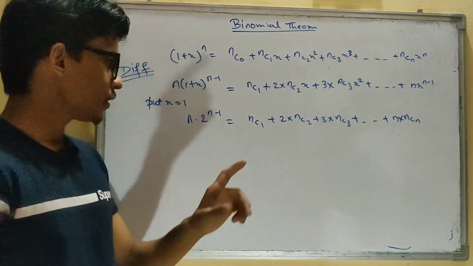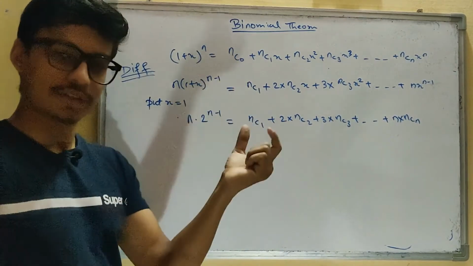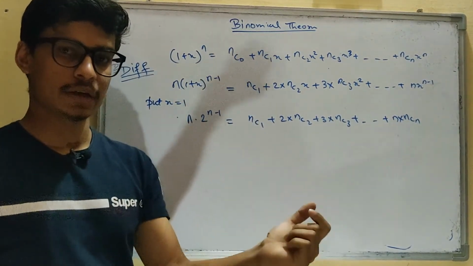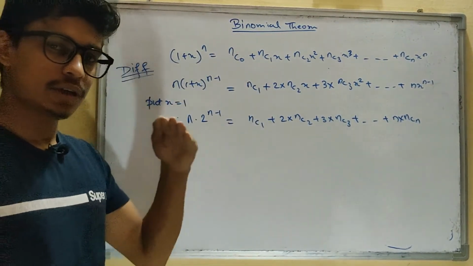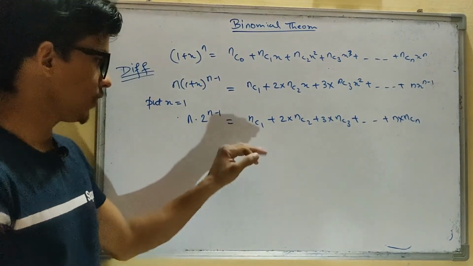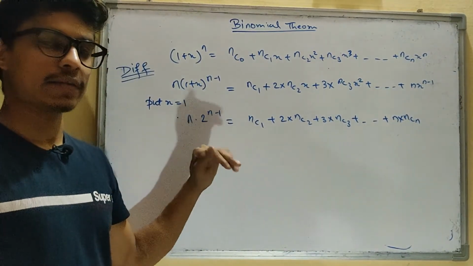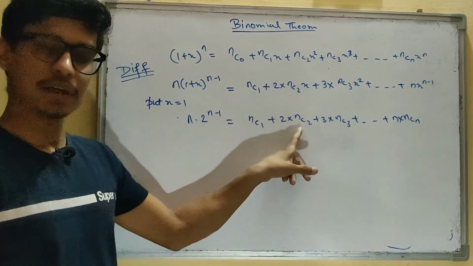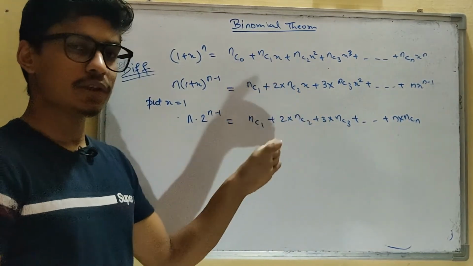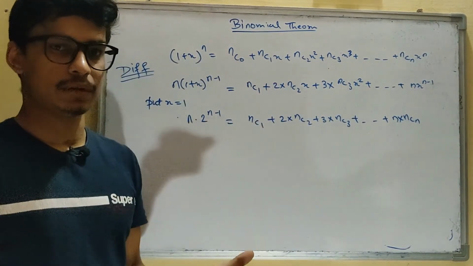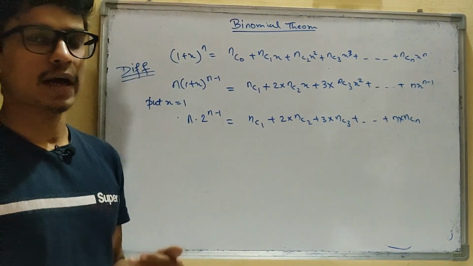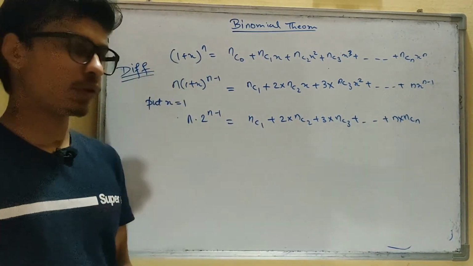The basic thing is the coefficients nC1, nC2, nC3. If they are differentiated only one time, it will start with nC1. If differentiated 2 times, it will start with nC2, and their coefficients are multiplied by some numbers which, as differentiation increases, are like factorials.